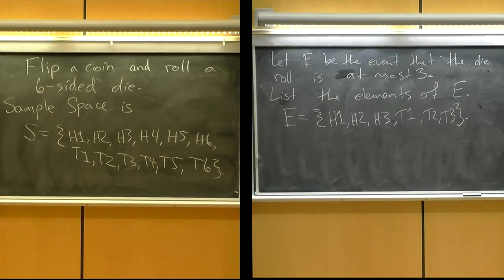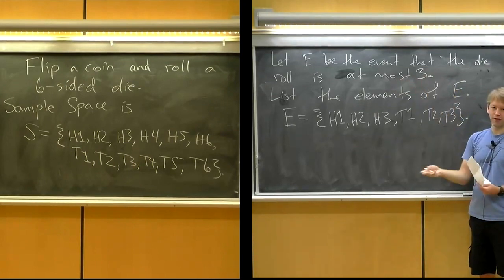Is it clear how I came up with that? Basically, you want to write down all the outcomes where this condition is true, so where the die rolls at most 3.